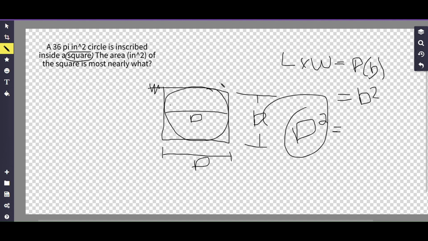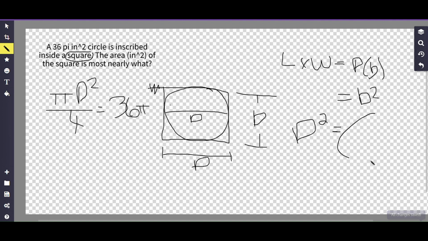So what we can do is come to the realization that d squared, because of its relationship from the square to the circle, we know that the area of a circle is going to be very close to this right here: diameter squared times pi all over the value of 4. So that right there is equivalent to 36 pi. That's where I was getting that 3 from earlier, which you were seeing right here.